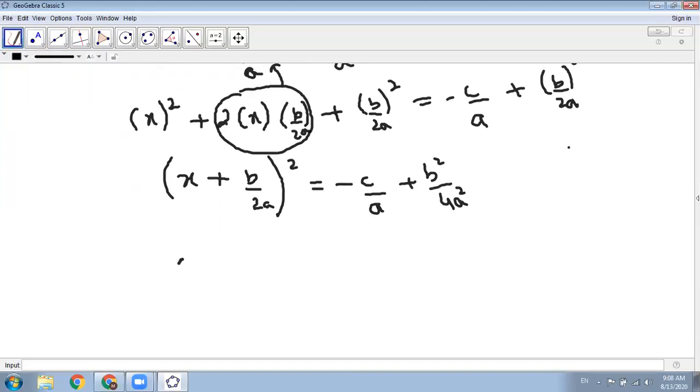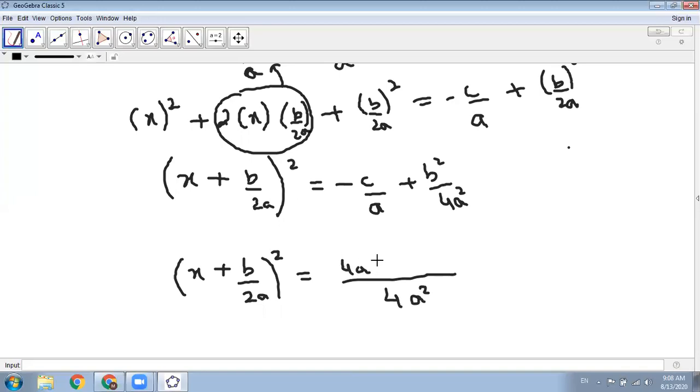So we write (x plus b upon 2a) whole square equals to, the LCM of this side is 4a square. Now a is cancelled with a square, so it becomes 4a, and this 4a is going to multiply with minus c, plus 4a square divided by 4a square is 1, so 1 will go and multiply with b square.